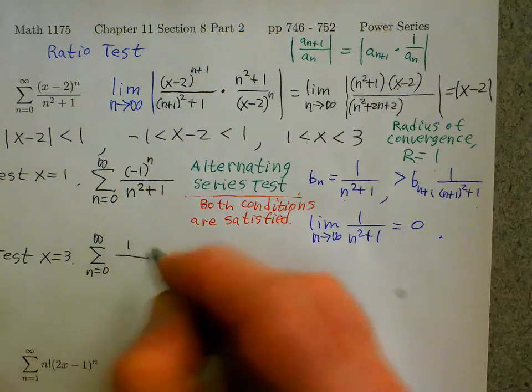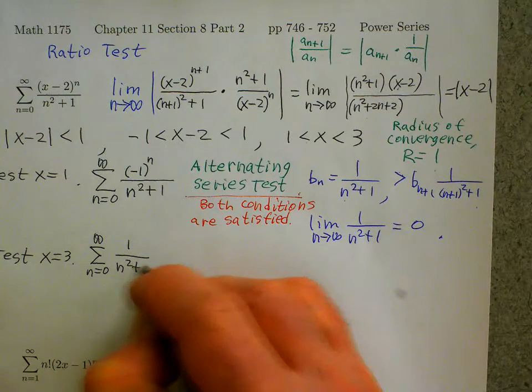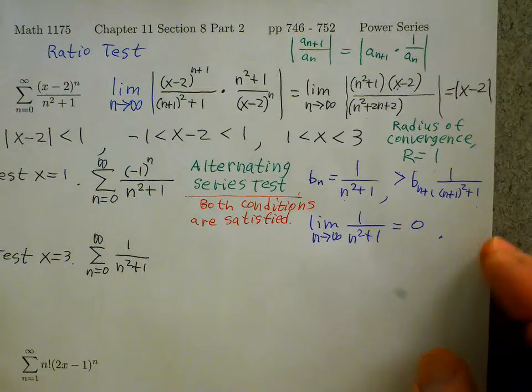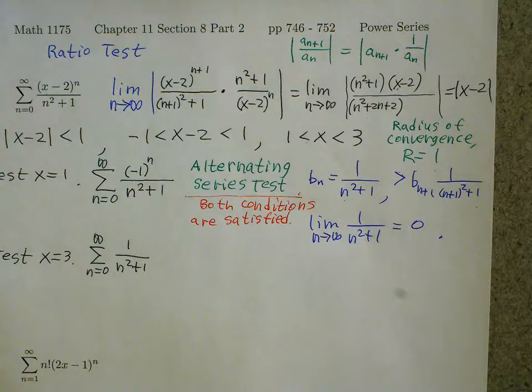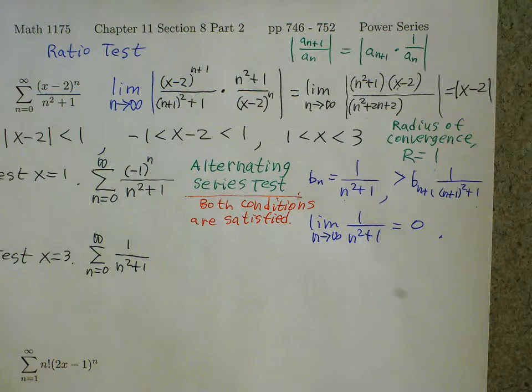So we get 1 over n to the second plus 1. Okay, so what do we know about this infinite series? It goes to 0. It does converge.